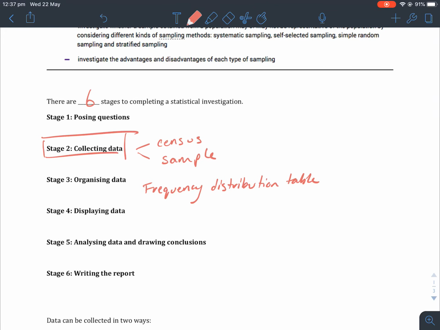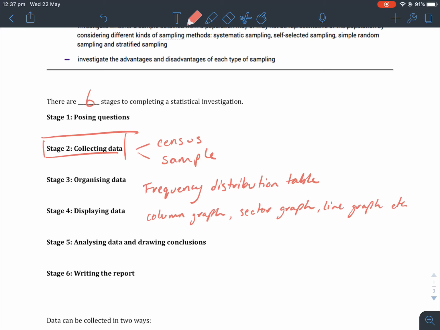Some of the ways that you would typically see your data displayed might be in a column graph, a sector graph, a line graph, etc. After you've displayed the data, then you can analyse it and draw some conclusions.